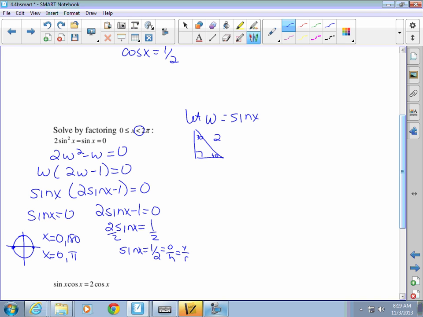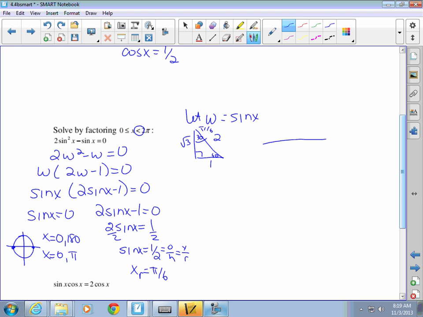So this is 2, square root 3, and 1. So opposite side is equal to 1, and hypotenuse is equal to 2, means that I'm using this 30 or pi over 6. So x reference is equal to pi over 6.